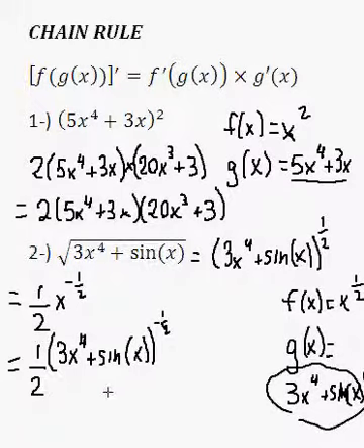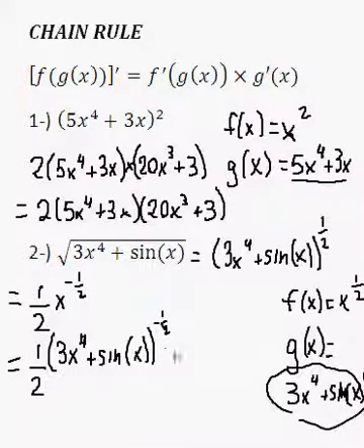So I hope that made sense to everyone. I just basically took the derivative of the outside function, which is x to the half, making it half here, taking the 1 out of the half, and keeping the inside function, which is the g of x, untouched inside.